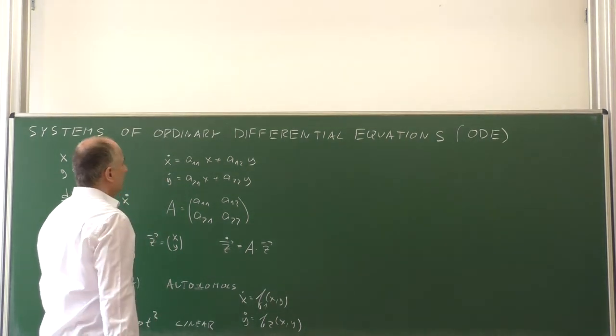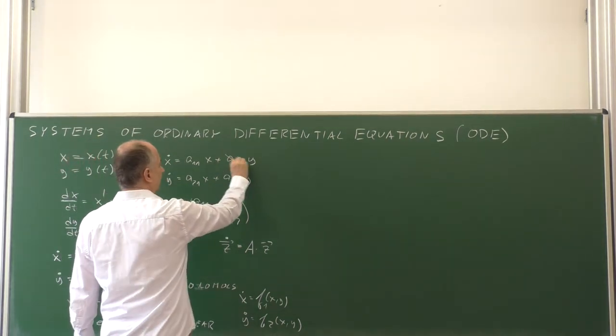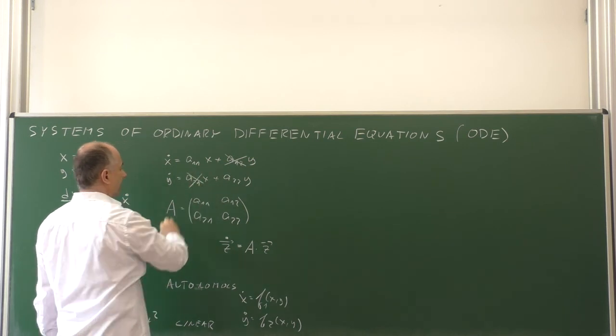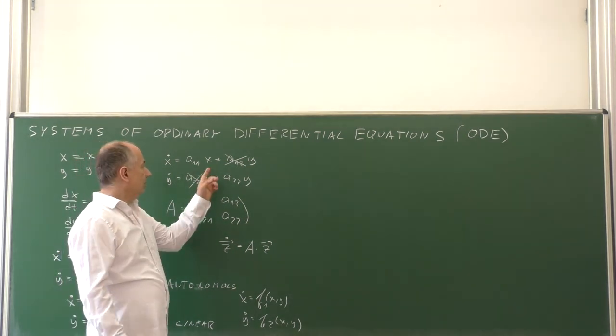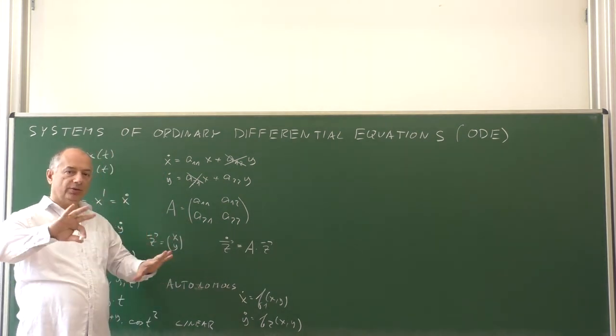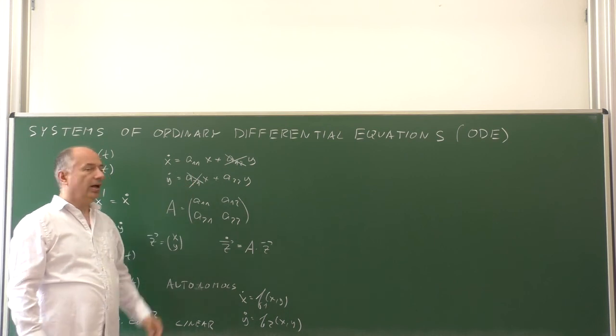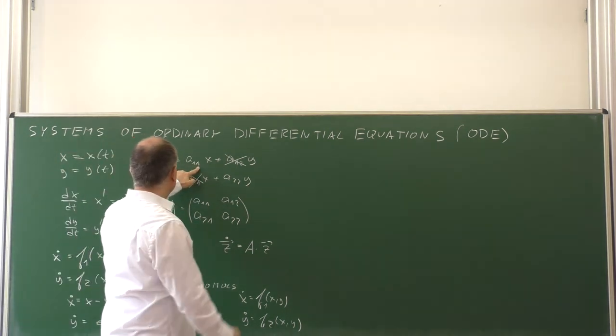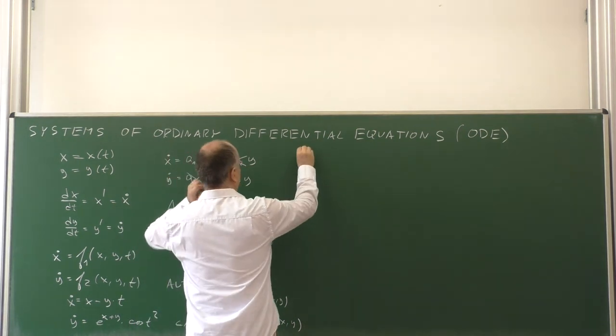In a special situation, if a12 is 0 and if a21 is 0, then this system of two equations actually splits or decomposes into two independent equations. We can easily solve this one using separation.